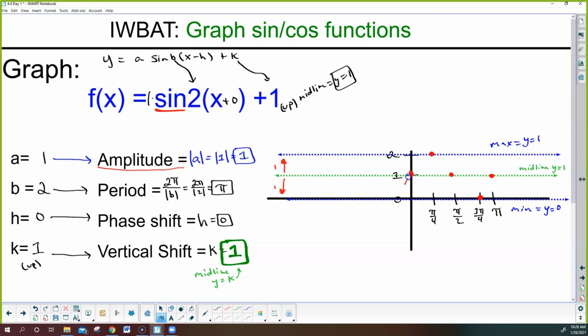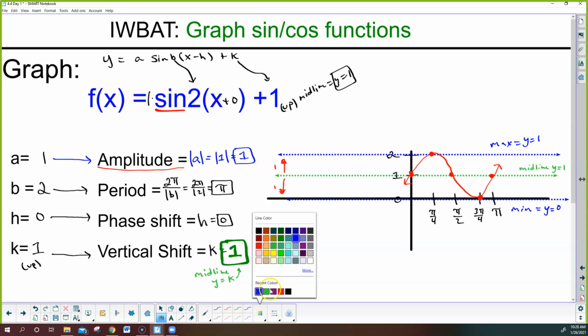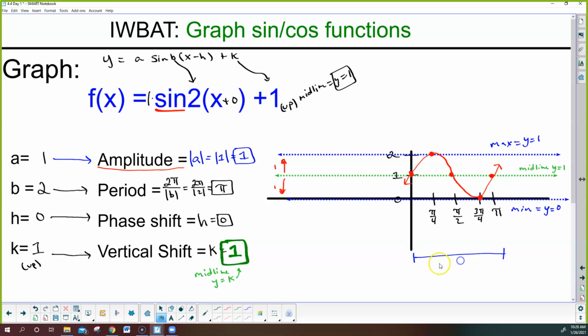And that is one cycle, pi. You don't have to draw this, but visually, look at the period. How far is it? We started at 0 and we ended at pi. So if I just subtract those, pi minus 0, see how that period is a length of pi? And that's exactly what the equation gave us.